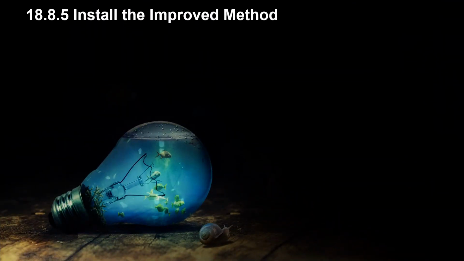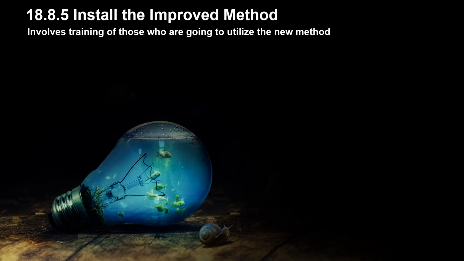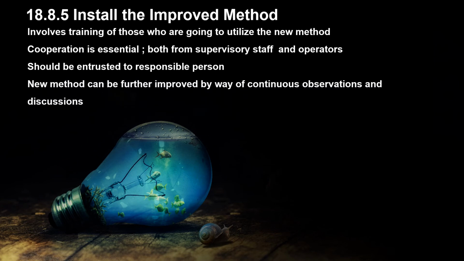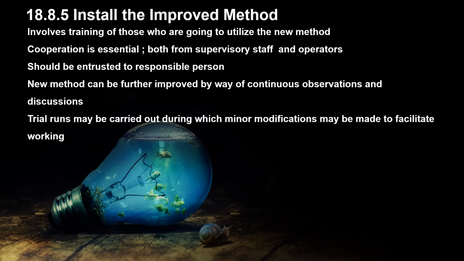Install the improved method. This involves training of those who are going to utilize the new method. Cooperation is essential for both supervisory staff and operators, and it should be entrusted to a responsible person. This new method can be further improved by way of continuous observations and discussions.